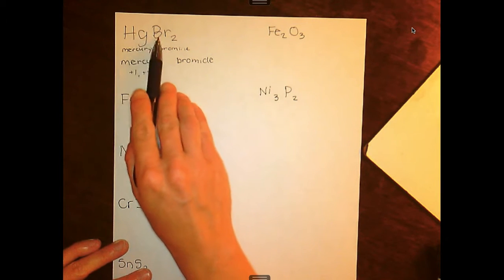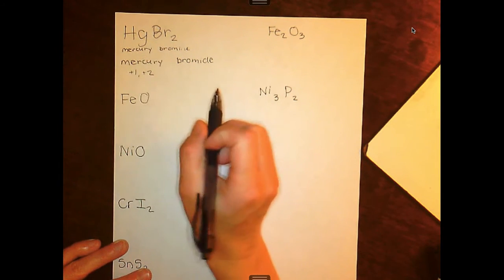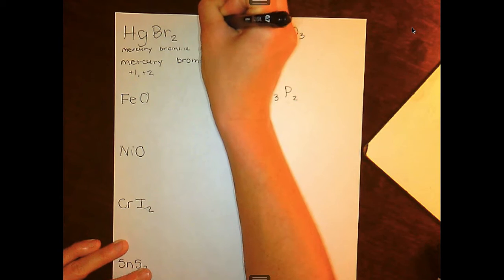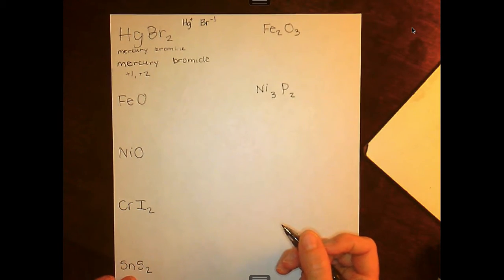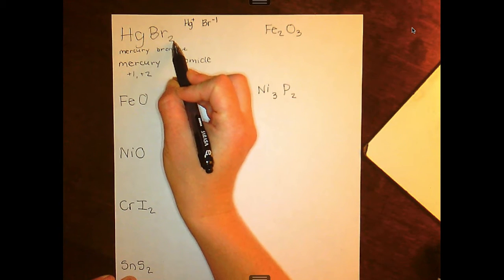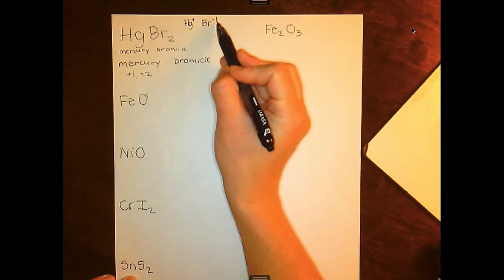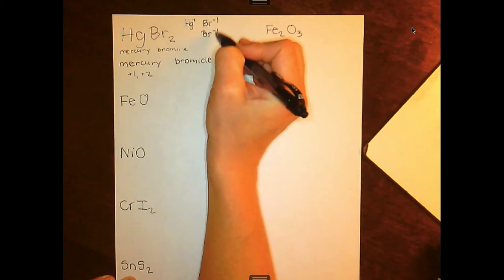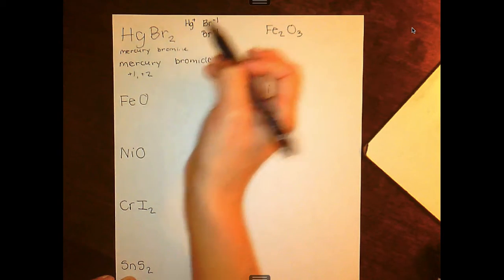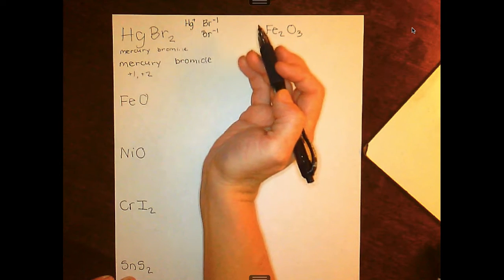Well, we have to look back up here. You've got a bromine. And think about one individual atom of bromine. What kind of charge would it have? It would have a -1 charge. And we're trying to figure out what this positive charge is over here on this mercury. Well, pay attention to that subscript right there. You have 2 bromine atoms, each one at a -1 charge, which means what does the charge have to be on that mercury?